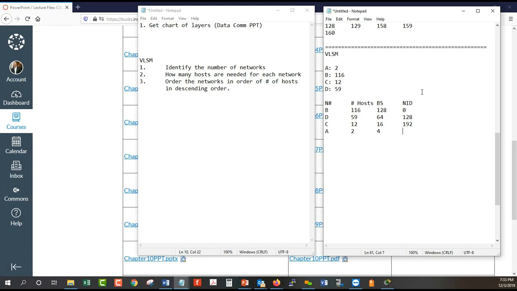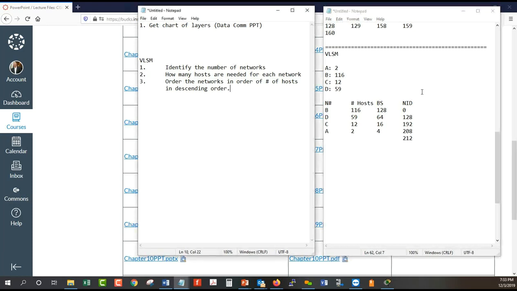And then finally, I'm going to do 16 plus 192. And what is that going to give me? 208. Okay, very good. Thank you, Patrick. So 208. And if I go one more, 4 plus 208 gives me 212.